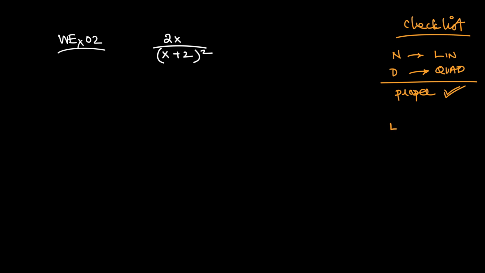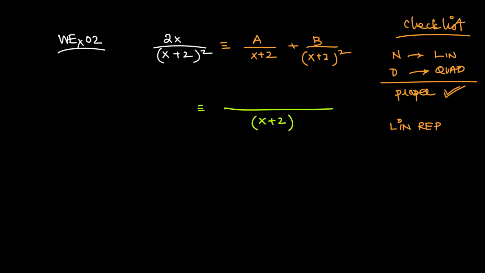Second thing, which case is this? This is the linear repeated case. So therefore, first of all, you will write this thing as a constant over x plus 2, another constant over (x plus 2) whole square. Once you have taken the LCM, it's simply (x plus 2) whole square. B remains as it is. It's simply multiplied by 1. Why is this the scenario?